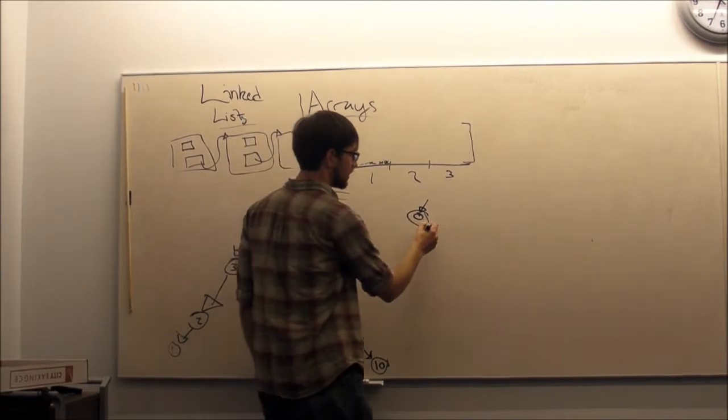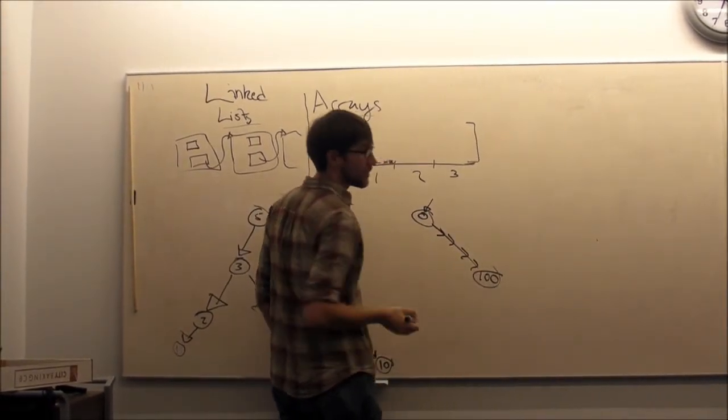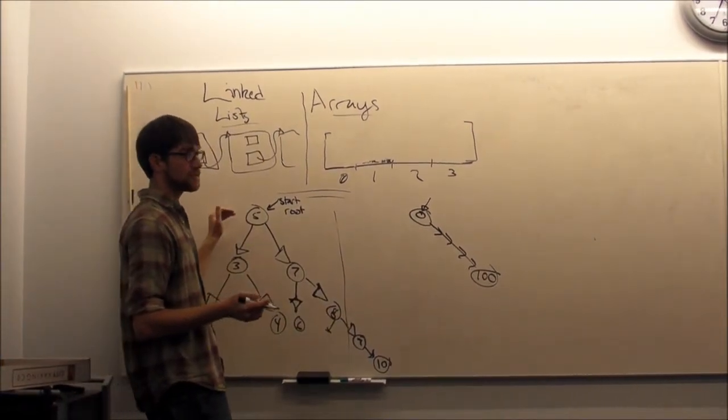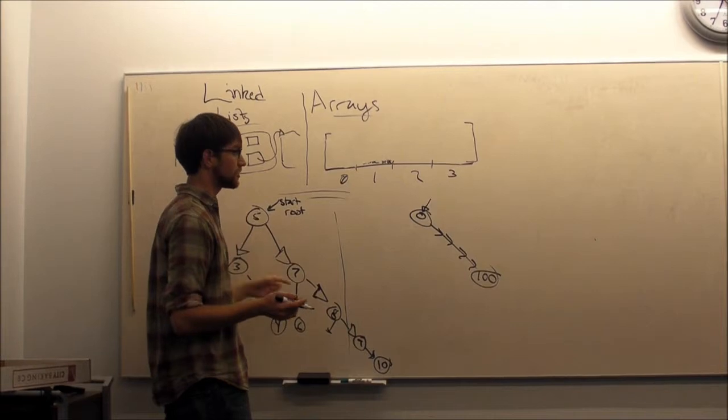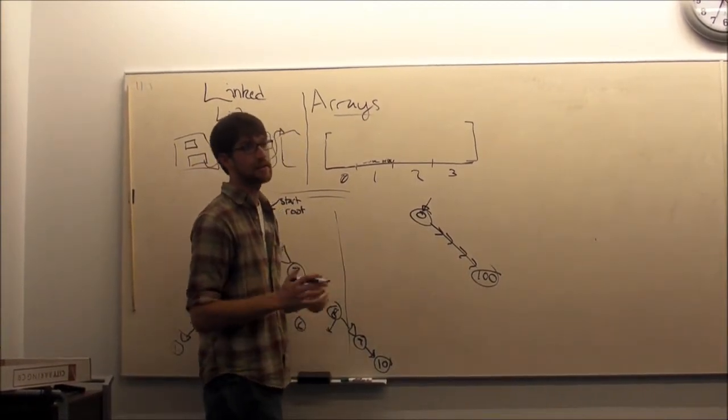Yep, we get a linked list of values all the way up to 100. So if you take a quick naive way of making a binary search tree, you can get a linked list, depending upon the order that things are added in.